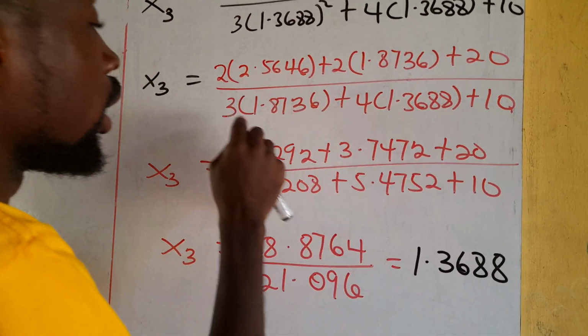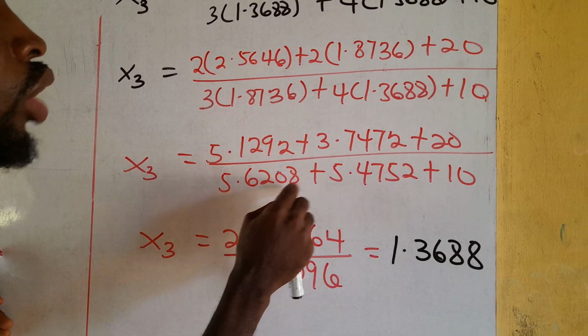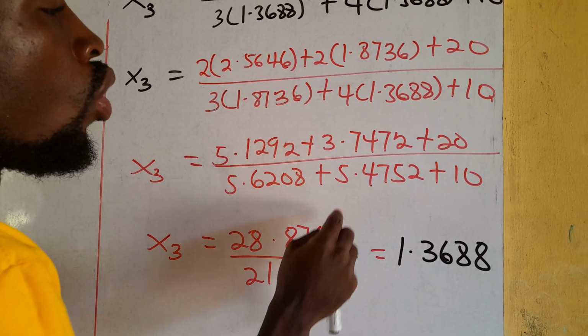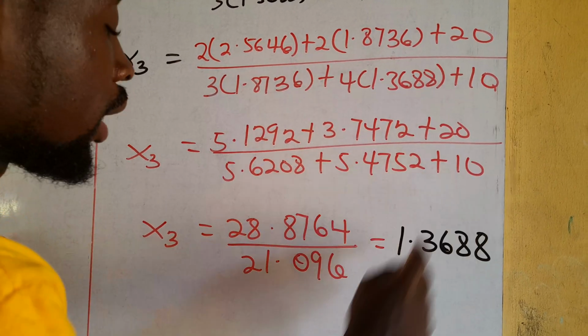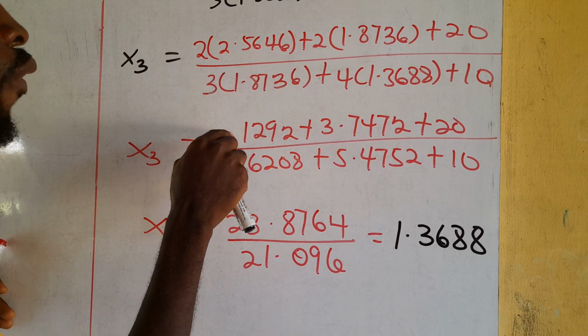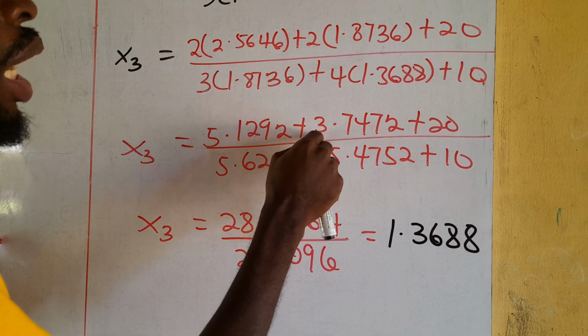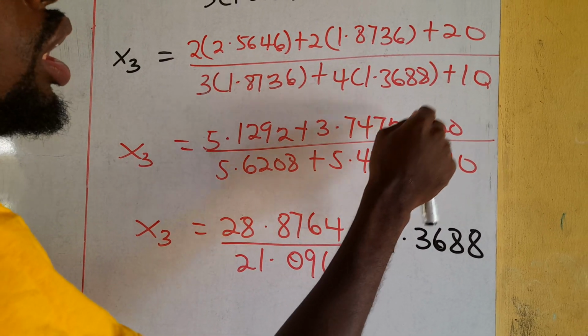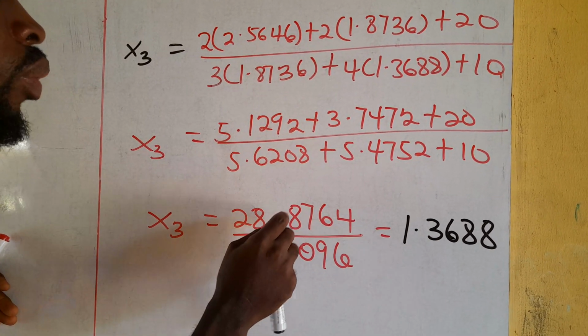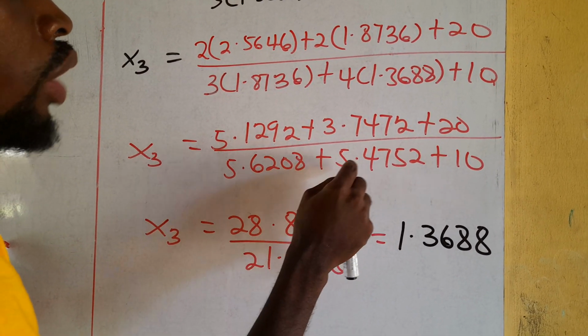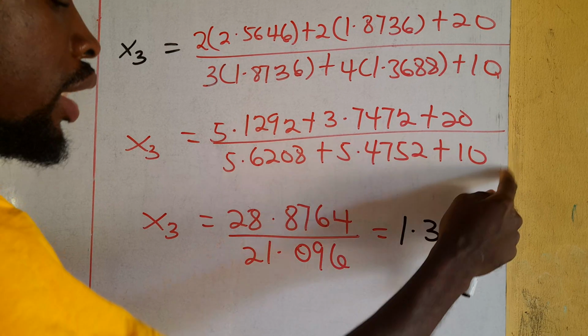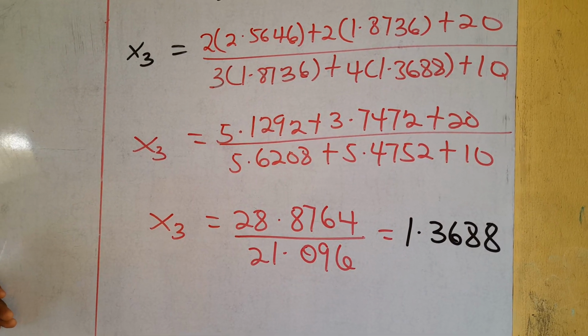Then plus 20. 3 multiplied by that, we get 5.6208. 4 multiplied by 1.3688, we get 5.4752. Then plus 10. When we add, we have 5.1292 plus 3.7472, then plus 20 will give us 28.8764. Then 5.6208 plus 5.4752 plus 10 will give us 21.096.